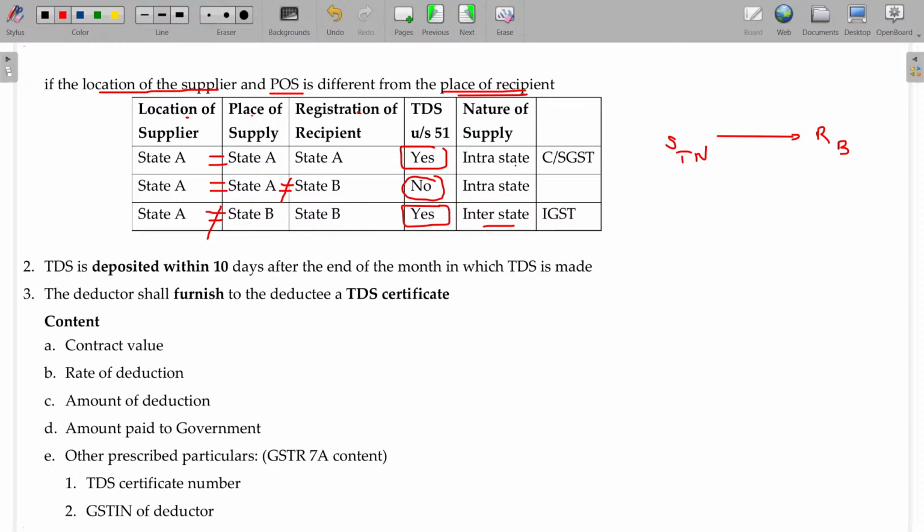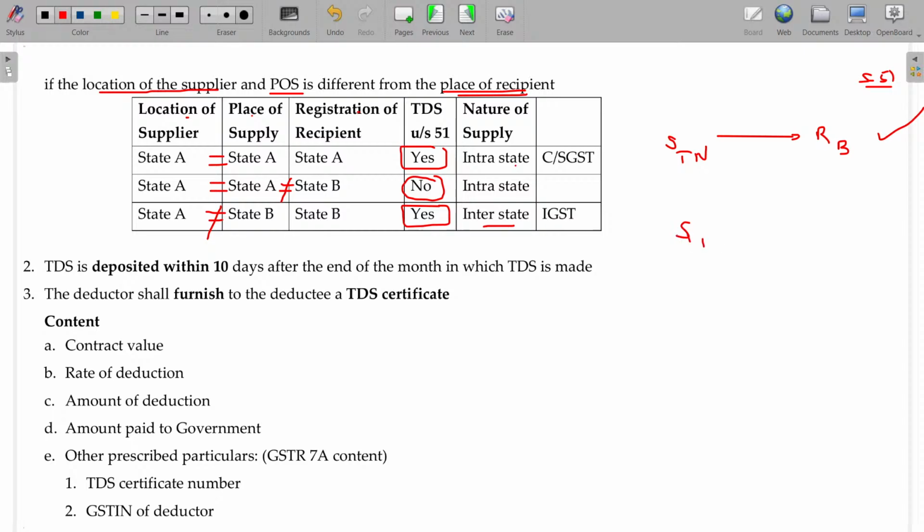Supply happens from Tamil Nadu to Bangalore, and automatically the tax goes to the Tamil Nadu government only. Tamil Nadu government says this person runs the business here, I give lots of facilities, so tax is only for me. The place of supply being Tamil Nadu and the recipient in another place, it is called interstate. Then what about section 51, sir? Applicable.